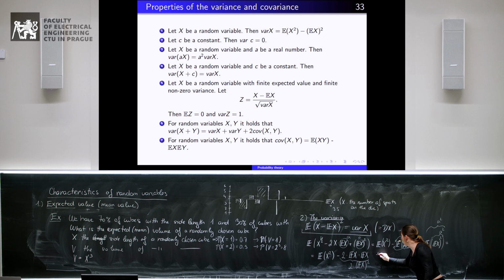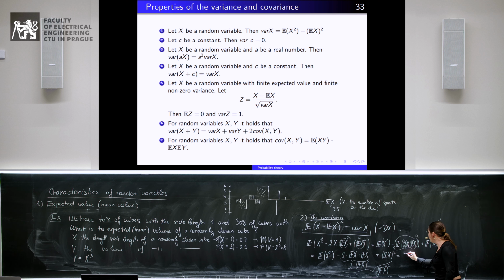So it is the expected value squared. And it means that we have 2 times the square of the expected value of x, plus the square of the expected value. So here we have minus the expected value of x squared.